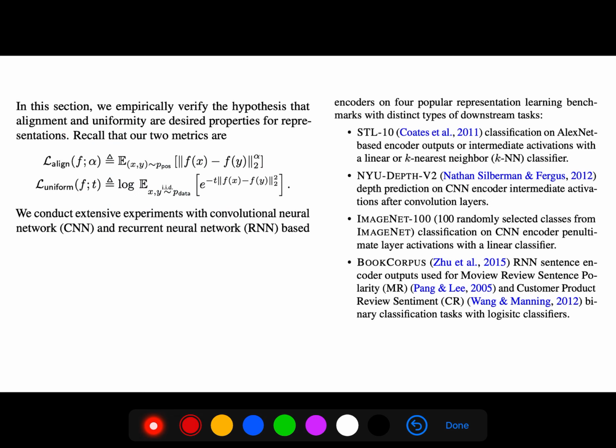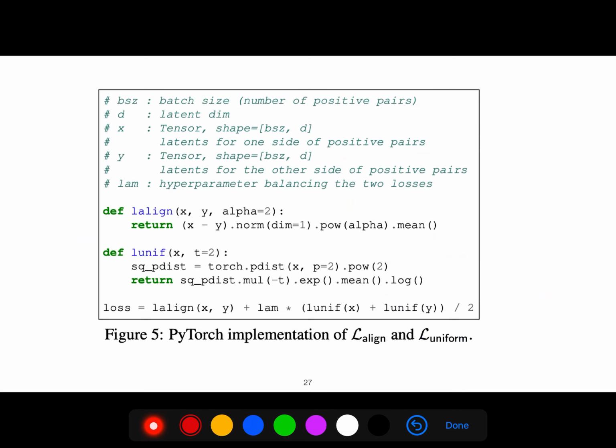We empirically verify the hypothesis that alignment and uniformity are desired properties for representations, and we have these two metrics, alignment and uniformity. We conduct extensive experiments with CNN and RNN encoders on four popular benchmarks.